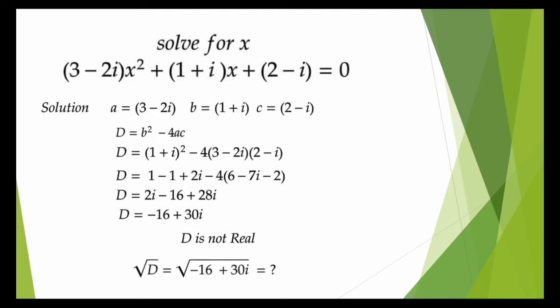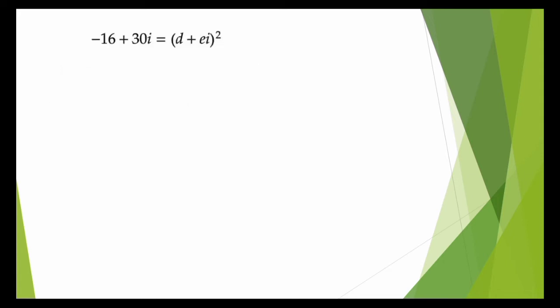The next thing is to find the square root of d, which is the square root of minus 16 plus 30i. For that, I'm going to consider that d can be written in the form of some complex number square.